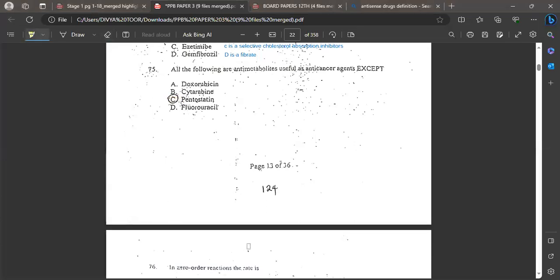Someone's written something. Can we say doxorubicin is an antibiotic?